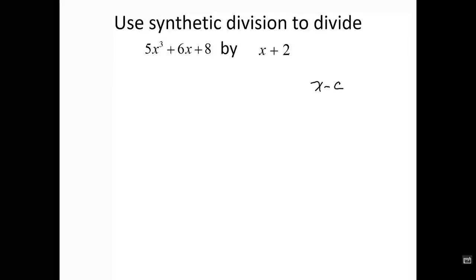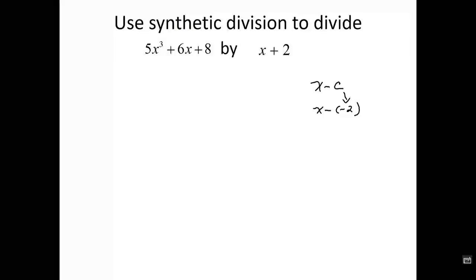So for x plus 2, that's x minus a negative 2. That means c is negative 2. We'll talk about that in a little second. Let's set this up for synthetic division.